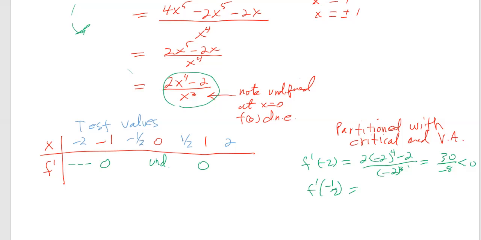Let's see, we've got 2 times negative 1/2 to the 4th minus 2 over negative 1/2 to the 3rd. That's going to be 2 over 16 is 1/8 minus 2 over negative 1/8. Now, without doing a lot of work here, you can see that numerator will be negative, denominator is negative. We have a positive result, greater than 0. So we're increasing here.